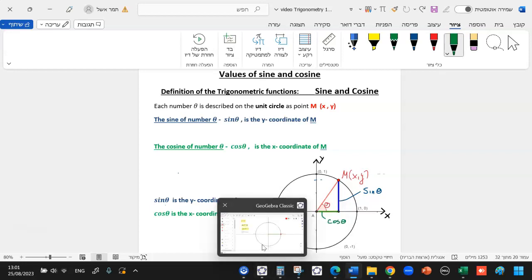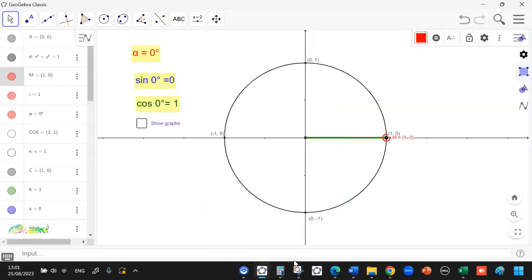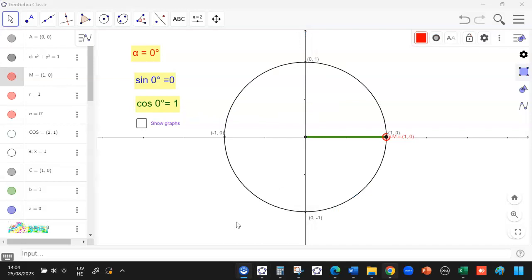Let's see in this GeoGebra file how cosine and sine are changing. Here we can see the unit circle with alpha equals 0 degrees, and sine and cosine are 0 and 1, that's the coordinates of the point.